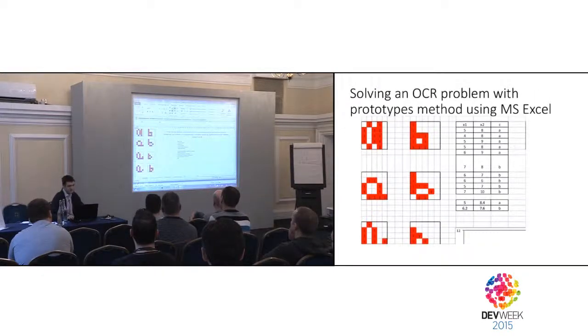So in this example, we will be classifying the alphabet letters A and B without capitals. So again, how would you write code that differs these two letters? Yeah, that's not quite trivial. In this case, we show how to apply what we've learned to build this simple optical character recognition system.